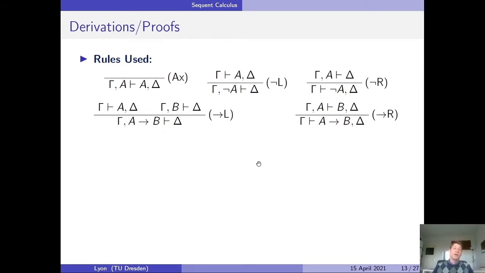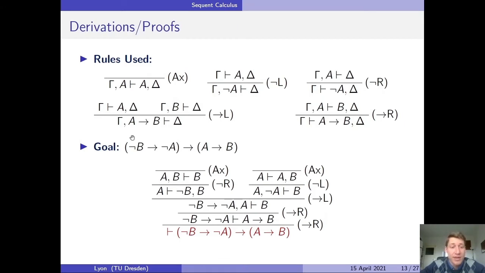Okay, let's move on to constructing a derivation, also called a proof, in our system. I'm going to use these 5 rules in order to build a proof of one of the axioms of the Hilbert system, namely the contraposition axiom, shown here.